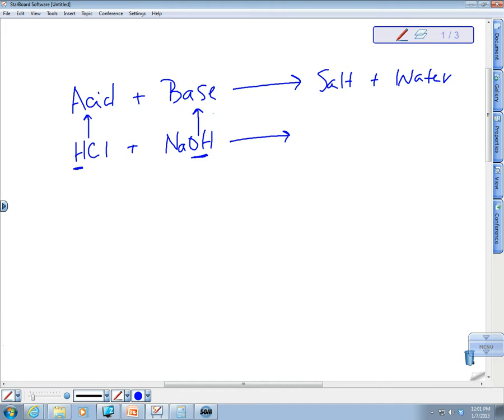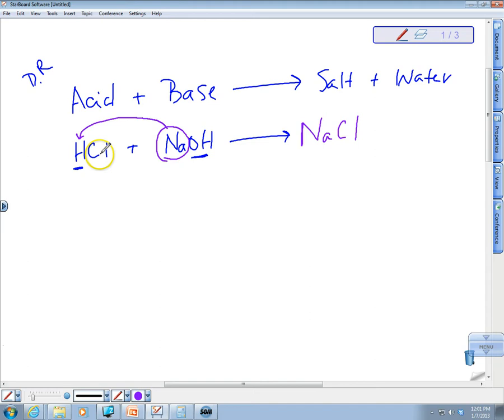Neutralization reactions, remember, are a double replacement reaction. So what's going to happen is that this sodium is going to trade places with that hydrogen. So now this sodium is going to come over here and form NaCl, right?